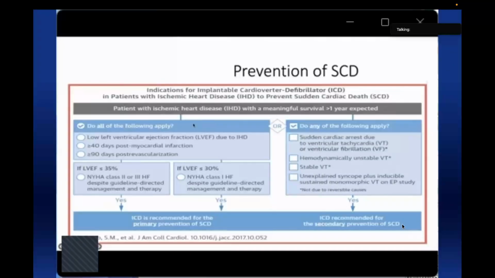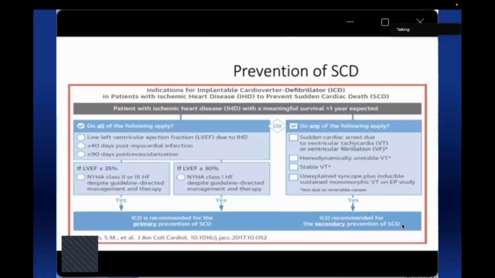All of the following would apply. You have low left ventricular ejection fraction due to ischemic heart disease. If you had post myocardial infarction, it should be more than 40 days, and if you did bypass or stenting, you have to see if your patient is more than 90 days post revascularization.